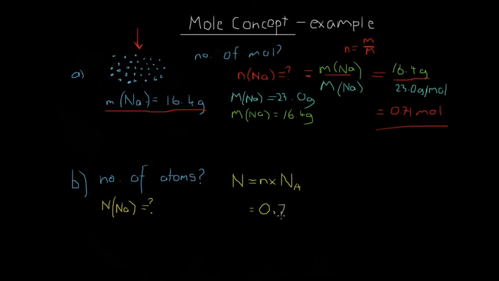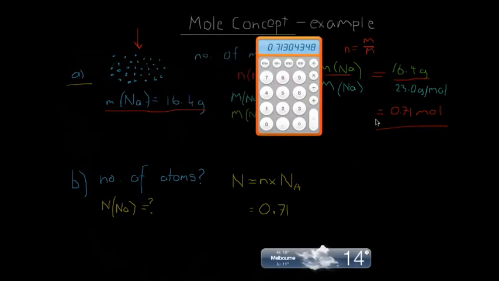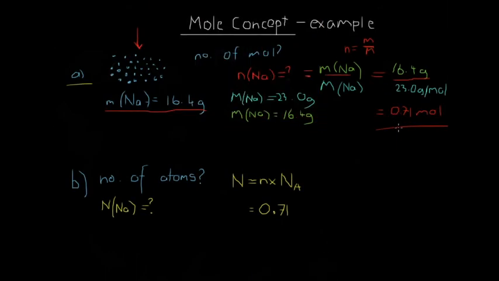When we're doing calculations like this, where we've done part A and come out with a number, we've rounded our answer to 0.71. The actual answer was 0.71304, etc. Written down, we've rounded our answer. But it's important to remember that when we use that answer for the next question, we can't use the rounded value. We need to use the full value.